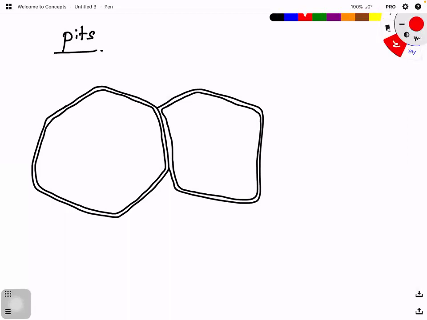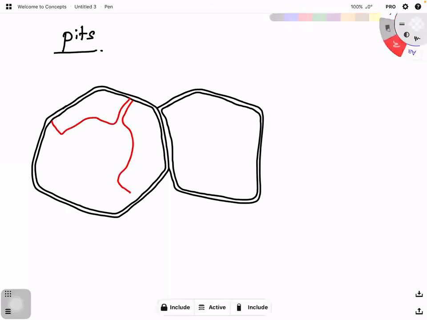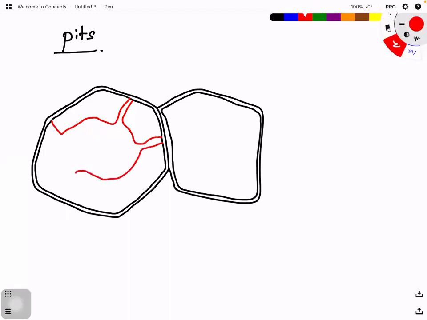Lignin starts to deposit, but the deposition of lignin may not be complete. Okay, lignin deposit. I think I should draw this one better. Can you see that? Okay, so this red color is because of the lignin.